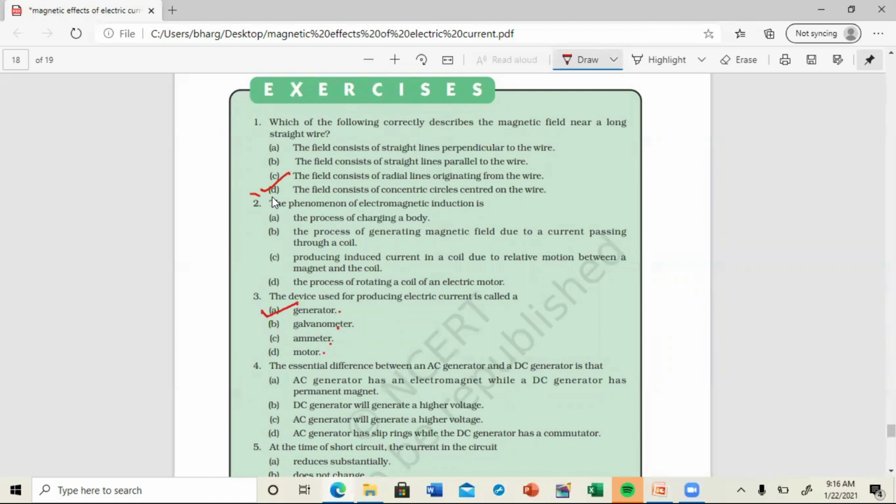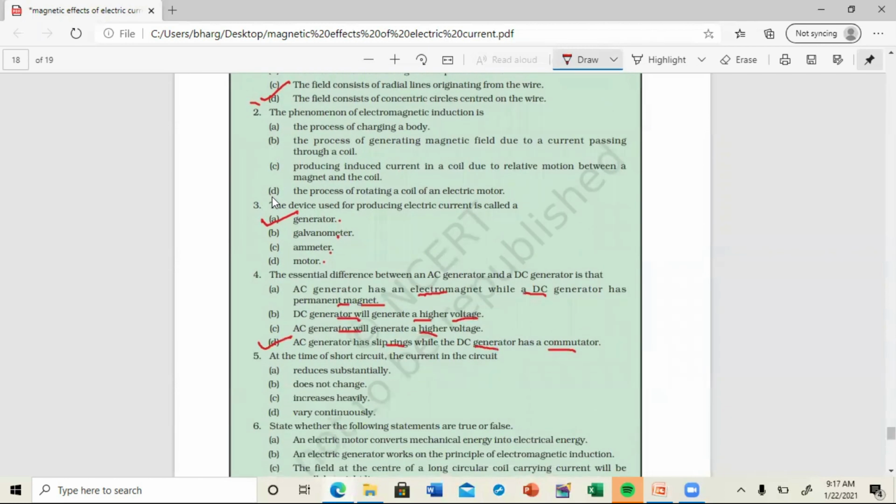D, the field consists of concentric circles centered on the wire. So the field consists of concentric circles centered on the wire will be the right answer.